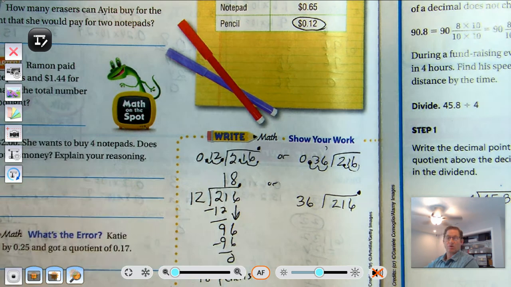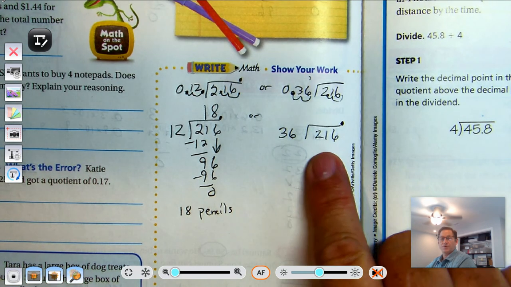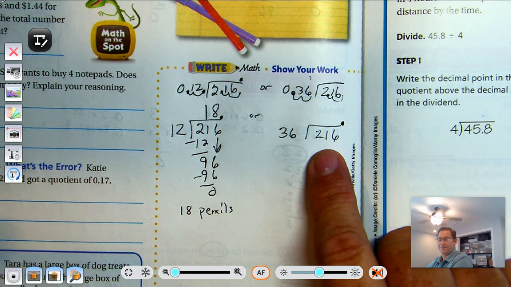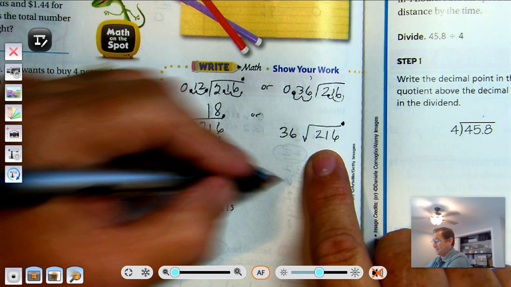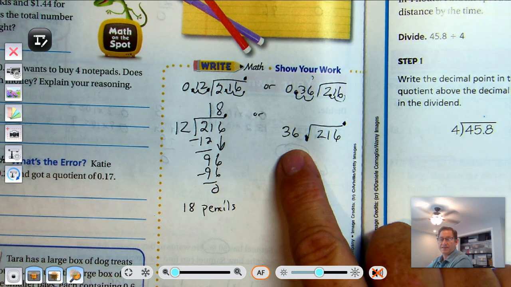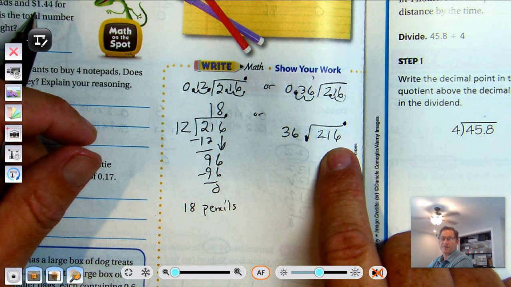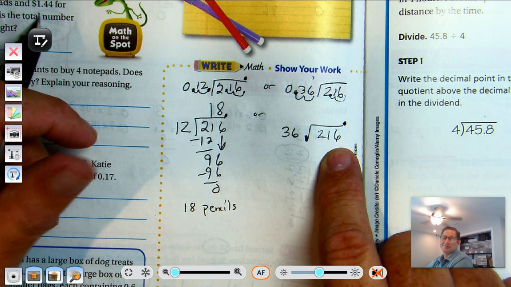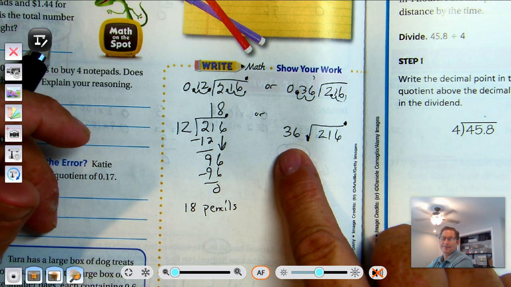How many markers can he buy? 216 divided by 36. Well, I can't divide 21 and share them equally with 36 groups. So it's going to be 216 divided by 36. Well, 7 times 30 is 210.